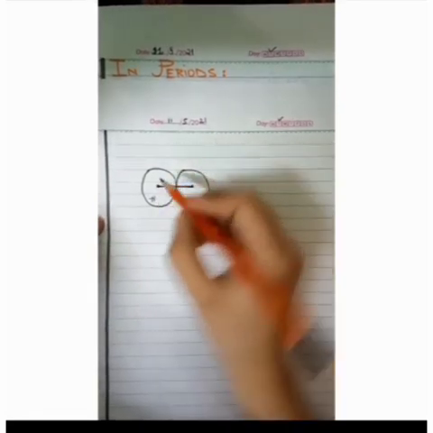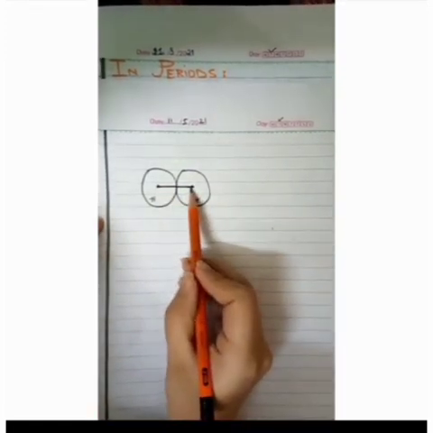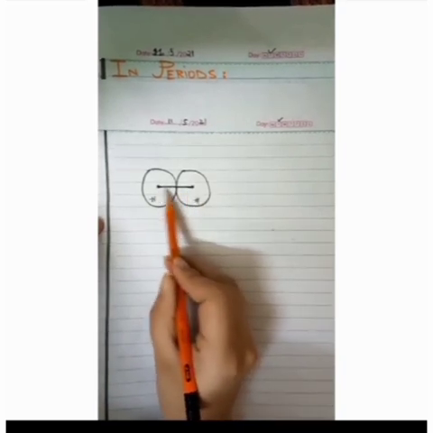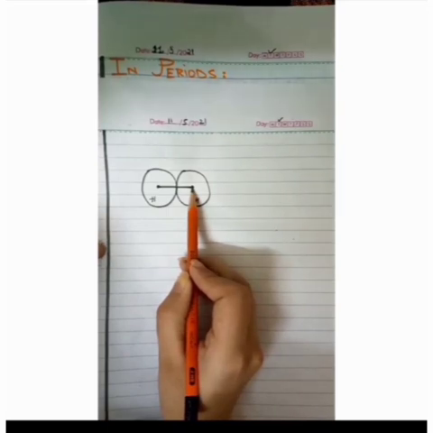We know that distance between the nucleus and valence shell is called atomic radius, but now it is covalently bonded, right? This line shows the bond between the atoms. They are covalently bonded.